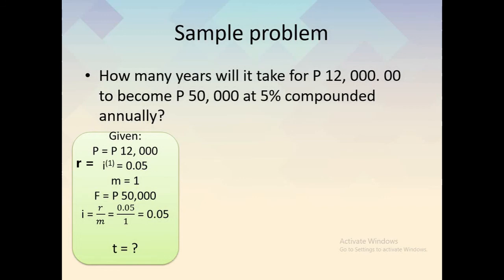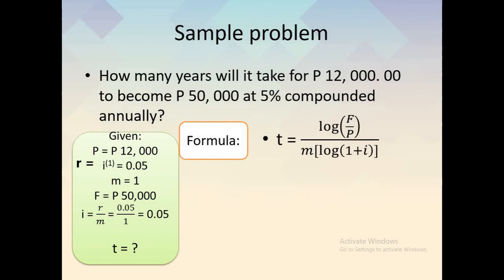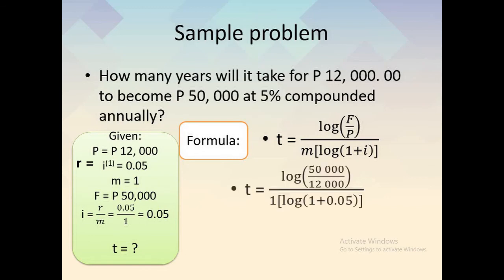The formula for time is equal to logarithm of F over P over m times the bracket logarithm of 1 plus i. So t is equal to logarithm of 50,000 over 12,000 over 1 times the bracket logarithm of 1 plus 0.05.